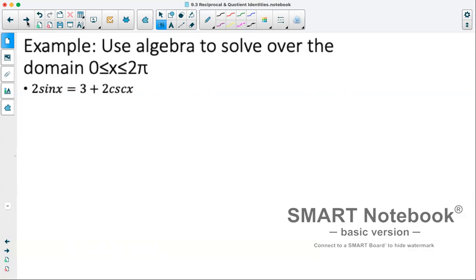We're also familiar with them from special triangles. So as I expand this out, I've got 2 sine of x equals 3 plus 2, and I'm going to change this in terms of sine, cos, and tan. So cosecant x is 1 over sine x. Now, if we're solving, having this as a fraction isn't very helpful, so I'm going to multiply both sides of the equation by sine x.